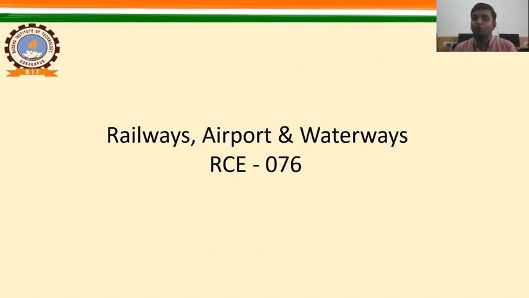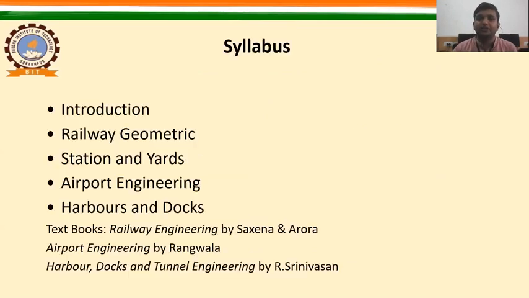Railways, airport and waterways, when we abbreviate it, is RAW. This is the subject bearing the code RCE 076. I have divided it into 5 different modules.